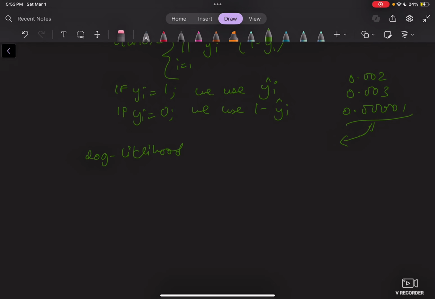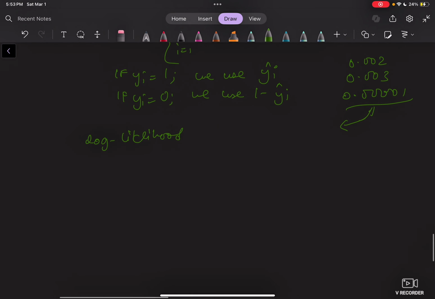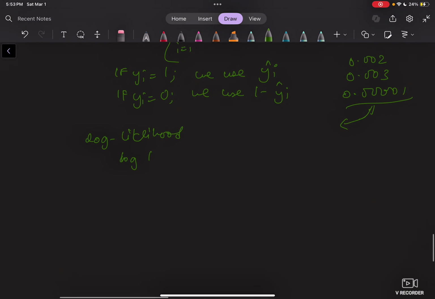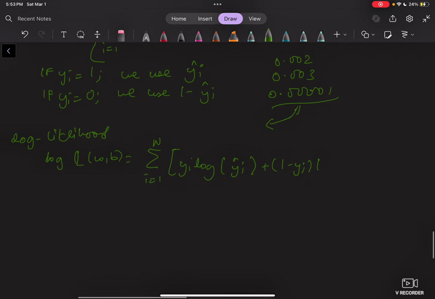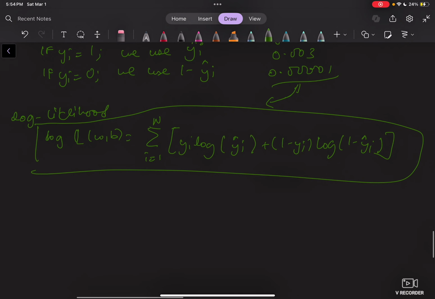So we just take the log of this function, and with the properties of log, what we get is the log likelihood: the sum over i equals 1 to n of y_i log y hat_i plus (1 minus y_i) log (1 minus y hat_i). Okay, so this is what your log likelihood looks like.